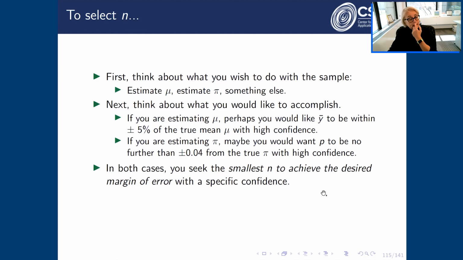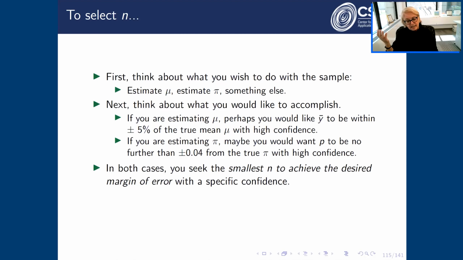These could be our goals, the criterion that we want to satisfy. And in both of these cases, what we would like to get is the smallest sample that will allow us to achieve that desired margin of error with a specified confidence.